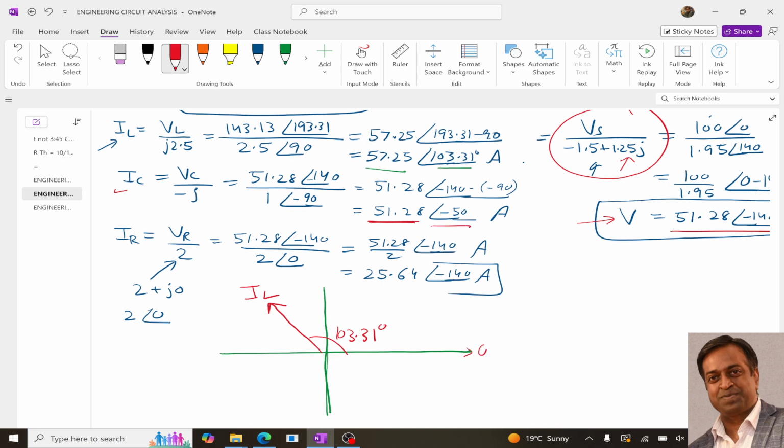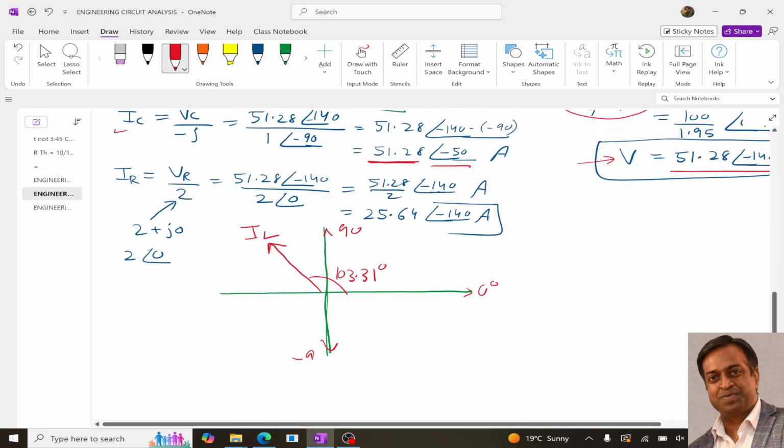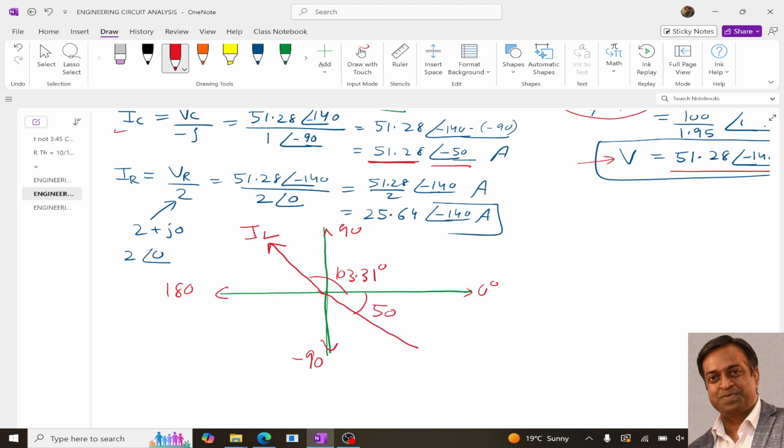We know this is 0 degree, this is 90 degree, this is minus 90, and this is 180, right? So if it is minus 50, it will be somewhere over here, and this will be our IC.